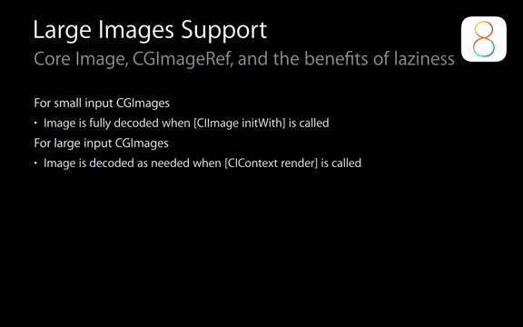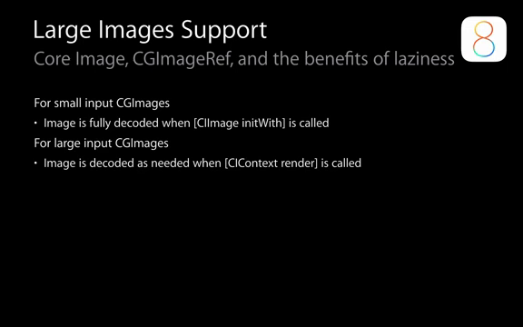Another great thing about our large image support is how we work together with CG image refs, and how we get some great improvements on iOS 8 by being lazy. If you have a small input CG image that you create a CI image from, then this image is fully decoded at the time you call CI image init with CG image.